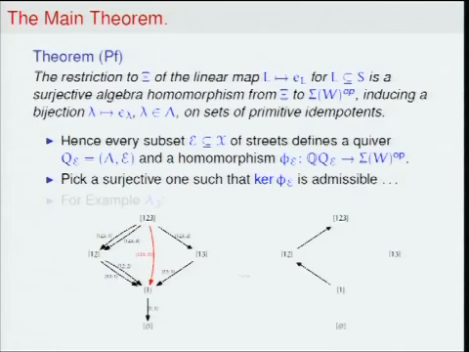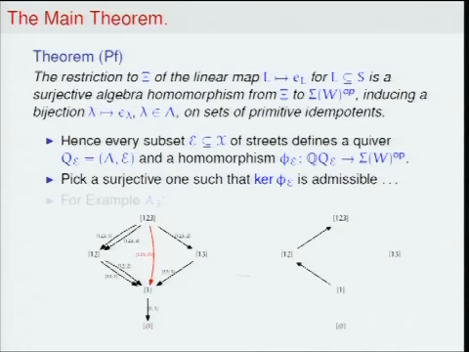That is one such subset E where this homomorphism of course has to be surjective, and you want to be careful that the kernel of the homomorphism gives an admissible ideal.